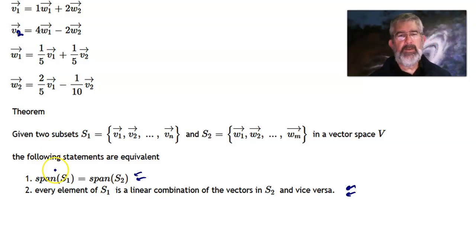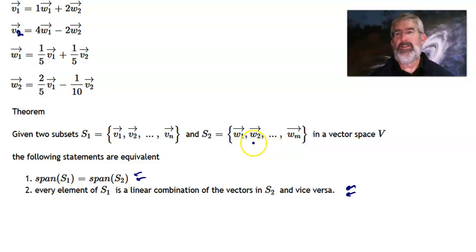Now certainly, if the span of this set is the span of that set, each one of these vectors is in the span of themselves, because v1 is in there, because it would be 1 times v1 plus 0 times all these other things. So v1 is in the span of S1, and if the span of S1 is the same as the span of S2, then v1 is in the span of S2, and the span of S2 is by definition all the linear combinations of the w's.